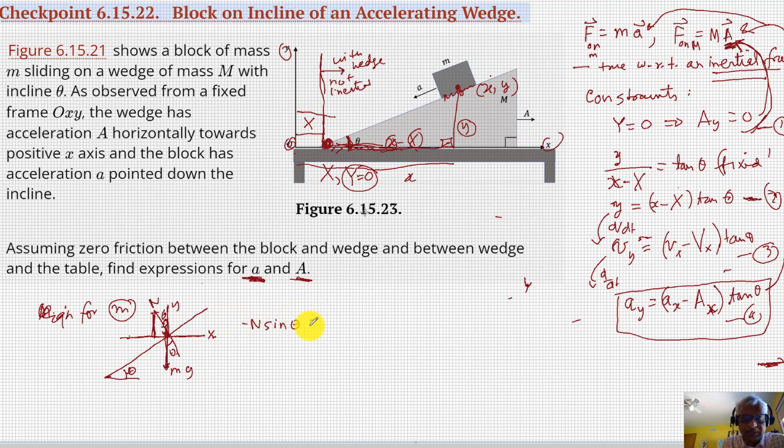So this for x is m ax, and this is equation number 5. And along the y, I get N cosine theta minus mg equals m ay. So this is number 6.